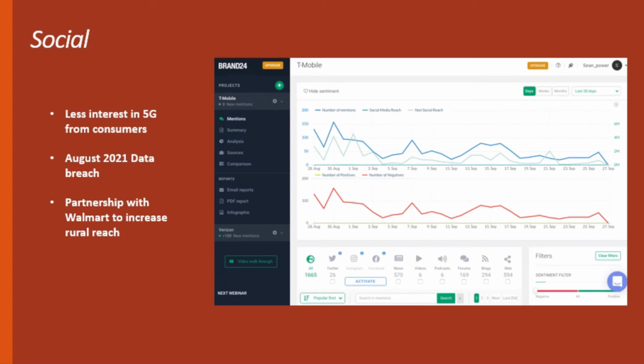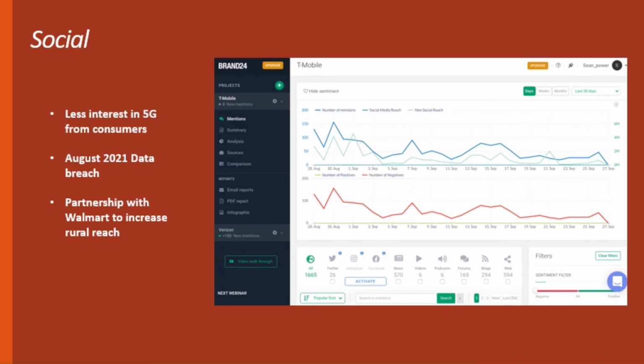So I was able to look at who is mentioning T-Mobile, what their influence is over their audience, and what their reach is. I was taking a couple of points here that I put on the left-hand side of this slide, just based on those influencers that have larger reach. Some things on the web, such as articles showing less interest in 5G potentially from consumers.